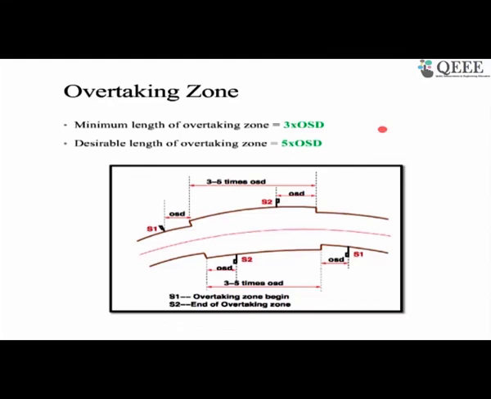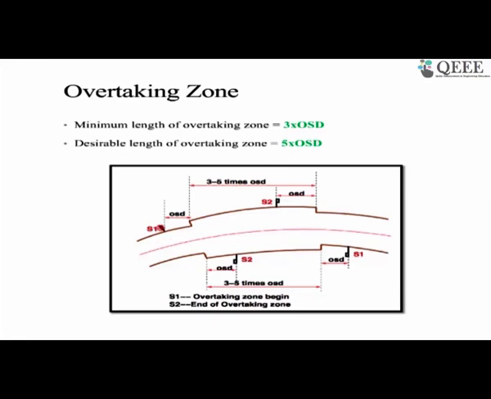Now how to consider this in the zone? If we cannot provide overtaking sight distance everywhere, we need to provide certain zones where overtaking could be allowed. The zone, as per IRC, should be a minimum of 3 times the overtaking sight distance and a maximum of 5 times the overtaking sight distance.